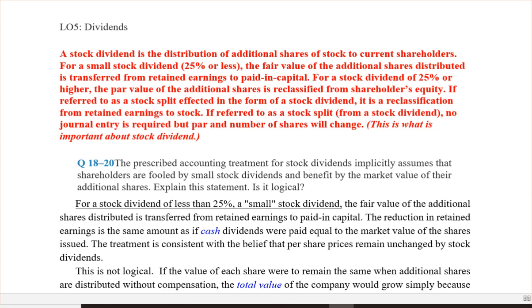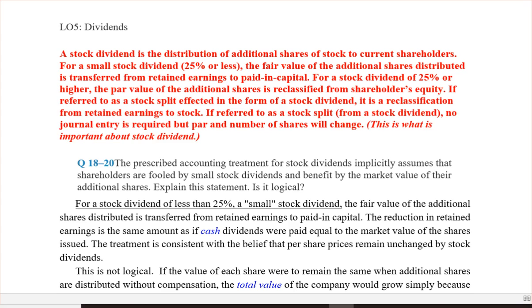Now, this is the market value, which is usually much greater than par, and that would be a very big hit to retained earnings if it was a large dividend. In other words, there's a lot of stock being issued in this dividend. Again, the cutoff is 25%.